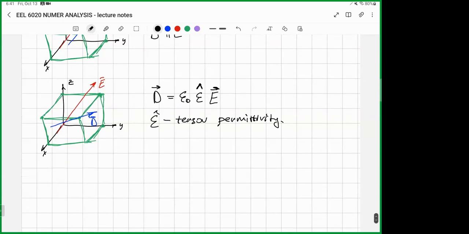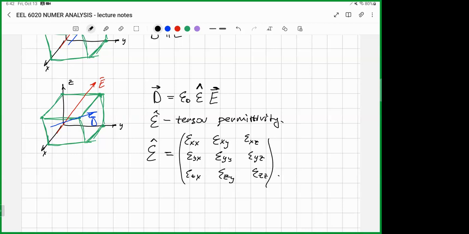For example, in a three-dimensional case, like we have now, this tensor permittivity is given by a matrix with some components like epsilon xx, epsilon xy, epsilon xz, epsilon yx, epsilon yy, epsilon yz, epsilon zx, epsilon zy, epsilon zz. So it's going to be like this.